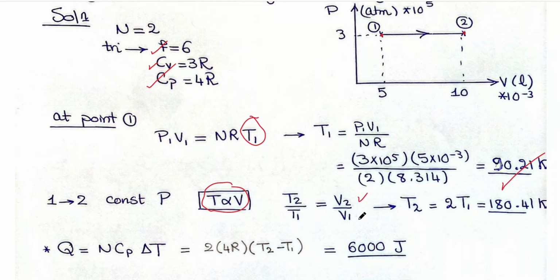Knowing V2 and V1 and also T1, I can get T2. V2 is double V1, so also the temperature T2 is double T1. This is another simple way to find T2. Or you can substitute in the equation of state P2V2 equals nRT2.